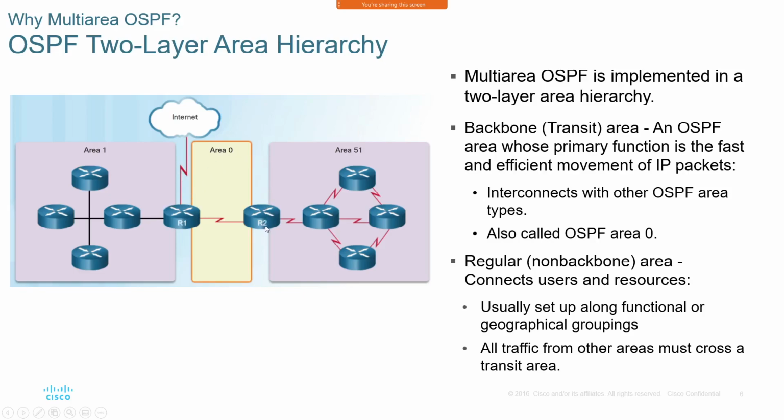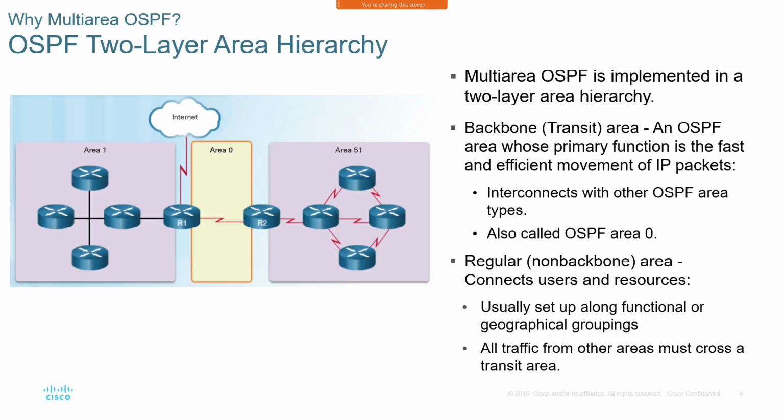The same goes for router 2. Router 2 is also an ABR, or area border router, because it connects different areas. All the routers inside a single area are OSPF routers, but they are not area border routers. Remember that an area border router will be connecting different areas.